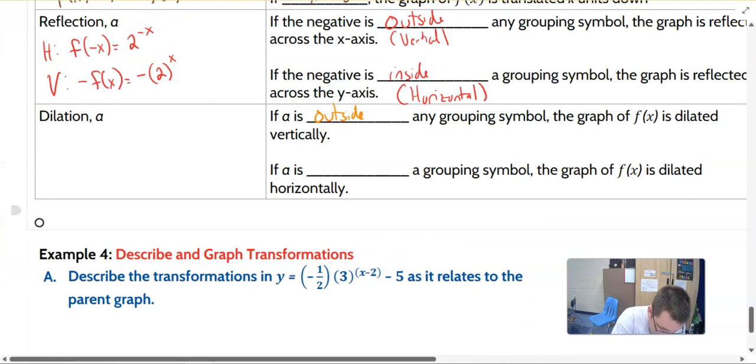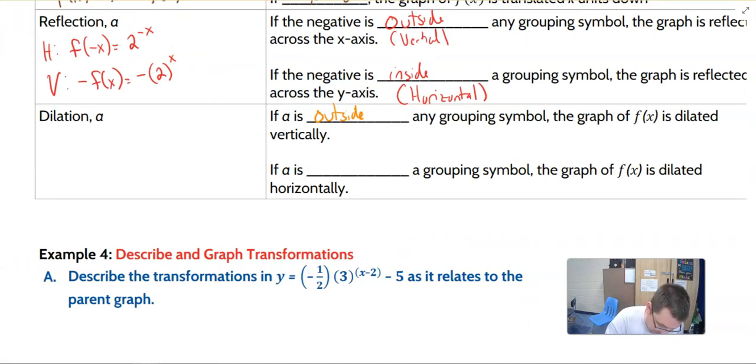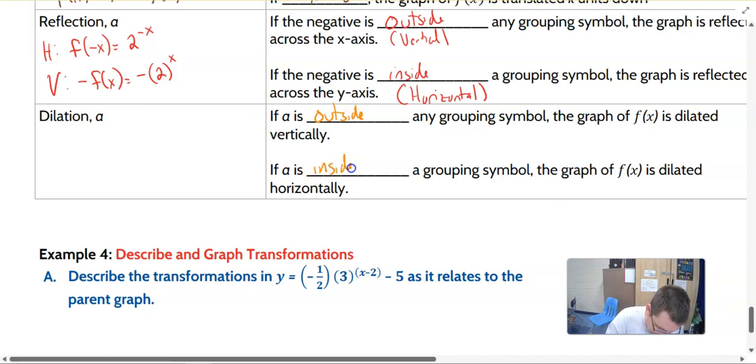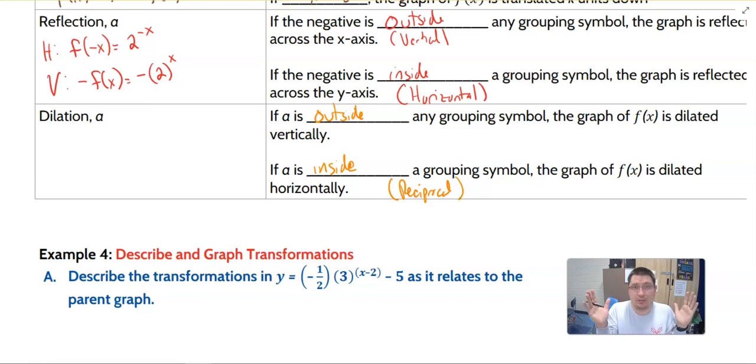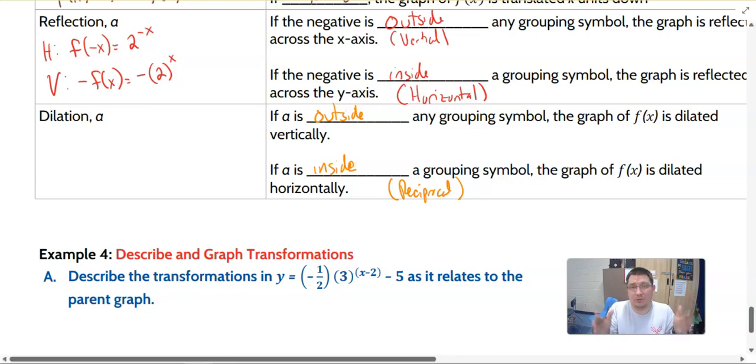If it's inside, the function is dilated horizontally. And again, it's inside with the X, and so it's lying to us. And the lie here is that it is the reciprocal of the value that's the dilation. So in this case, that 1/2 is actually a stretch by a factor of 2. And so it's going to multiply those X values by 2 in the end. And so that's what we're looking at there.